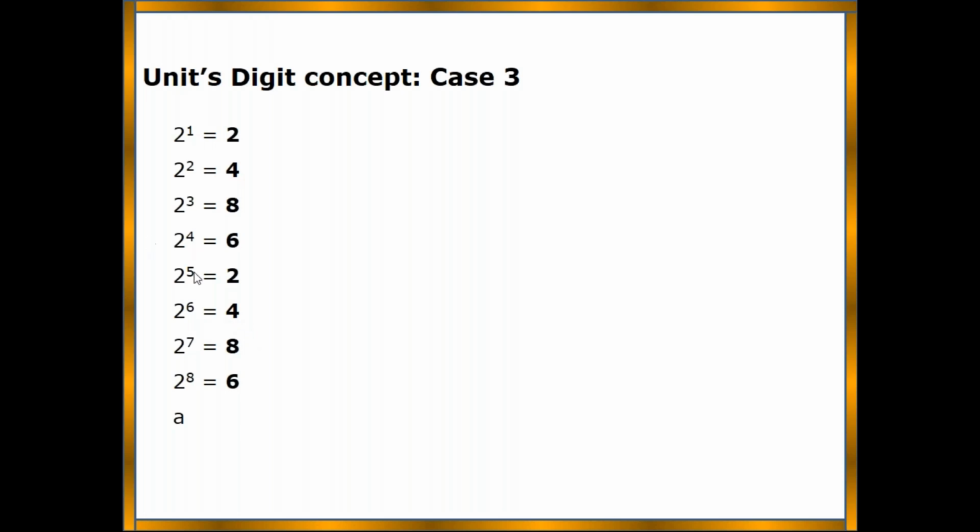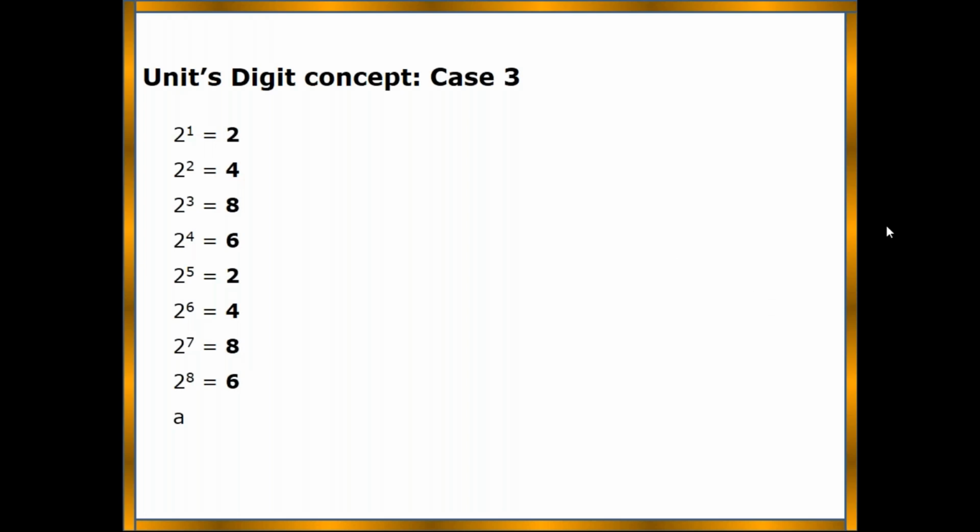Similarly, 2 power 7 is 128. If we don't know it directly, 2 power 7 can be written as 2 power 6 into 2; 2 power 6 is ending with 4, so 4 into 2 is 8. So 2 power 8 ends with 6.